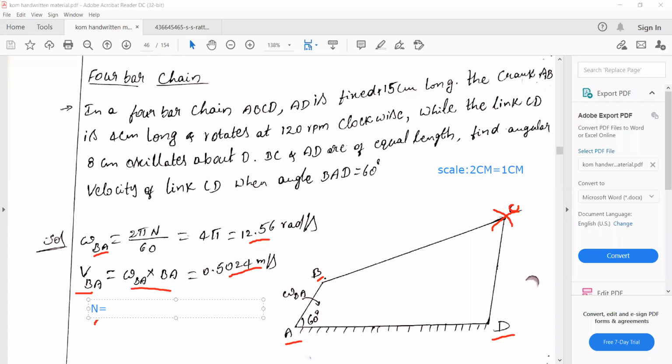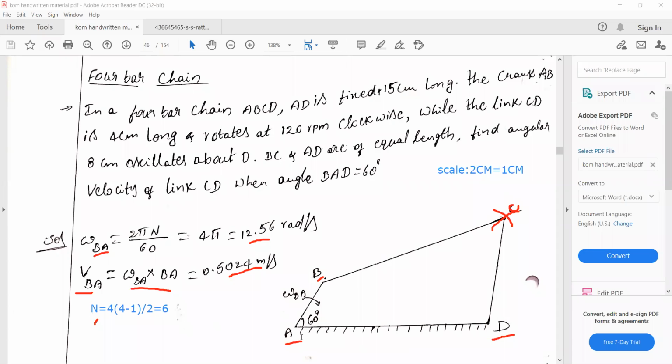Capital N equals n into n minus 1 by 2, that is 4 into 4 minus 1 divided by 2, which equals 6. So 6 instantaneous centers are there for our particular mechanism.